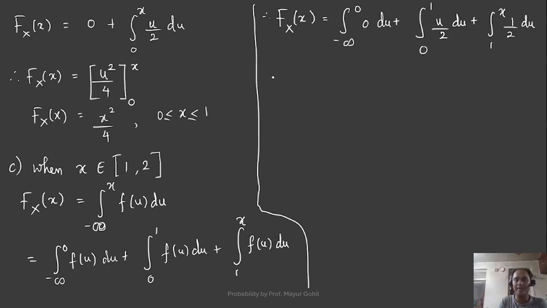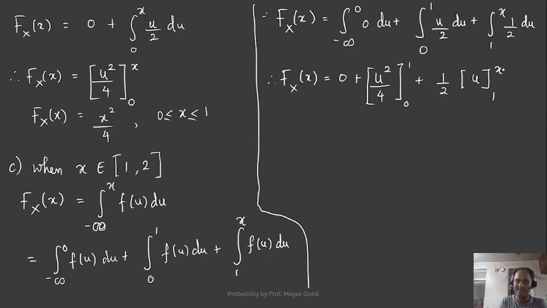So when I integrate here for F of x, this is 0. Here I'll get u square by 4 from 0 to 1. Here I'll get half, but it will be u, from 1 to x. Okay, so this will be 1 by 4 plus half into x minus 1.